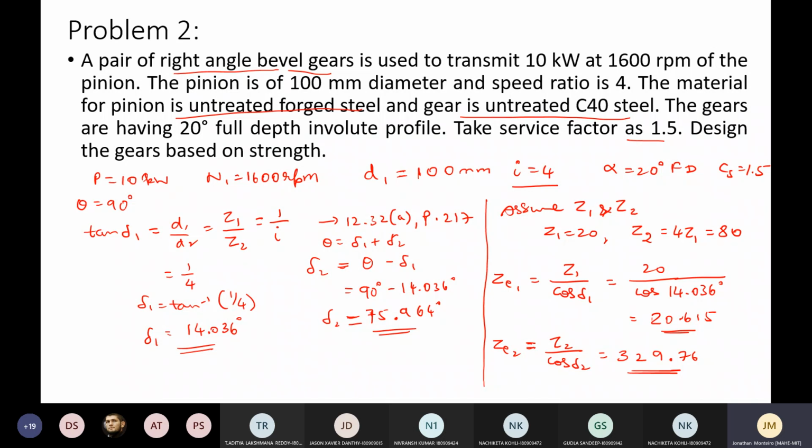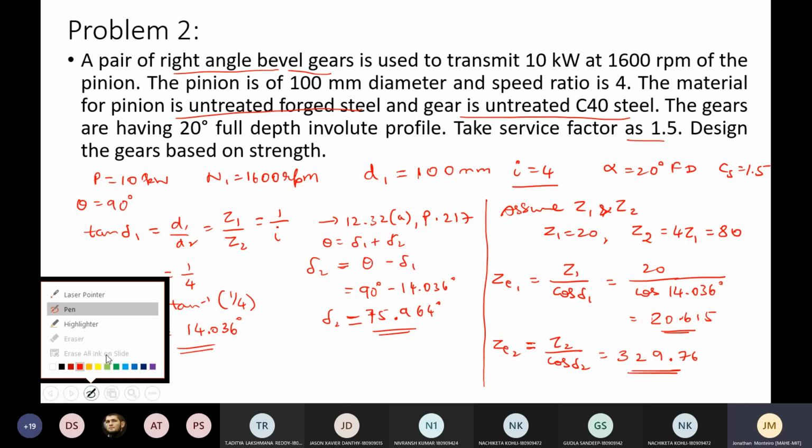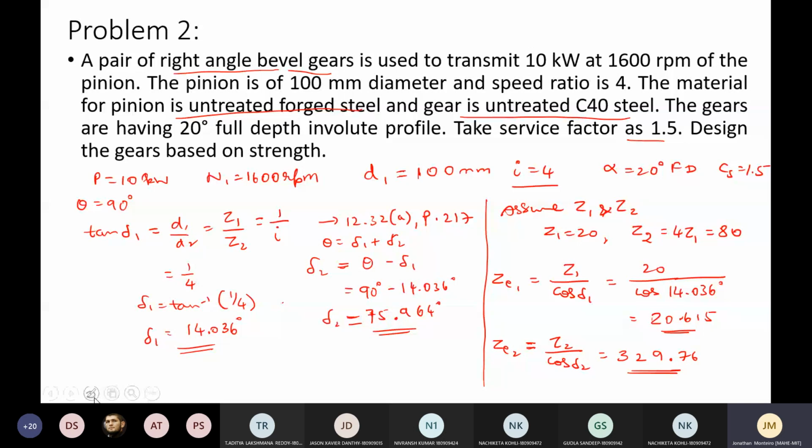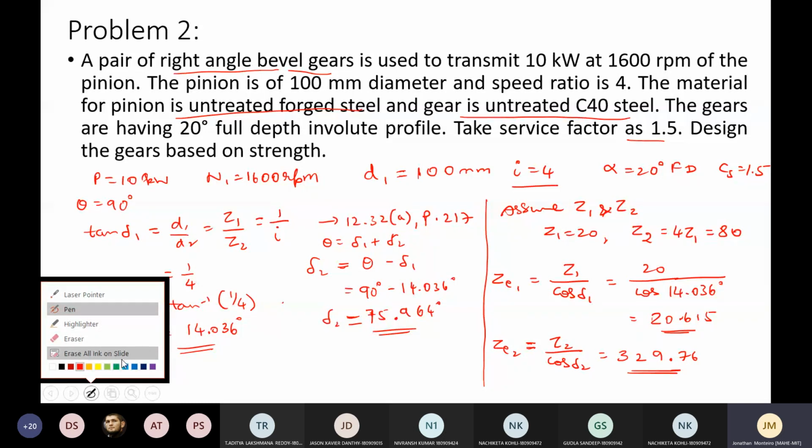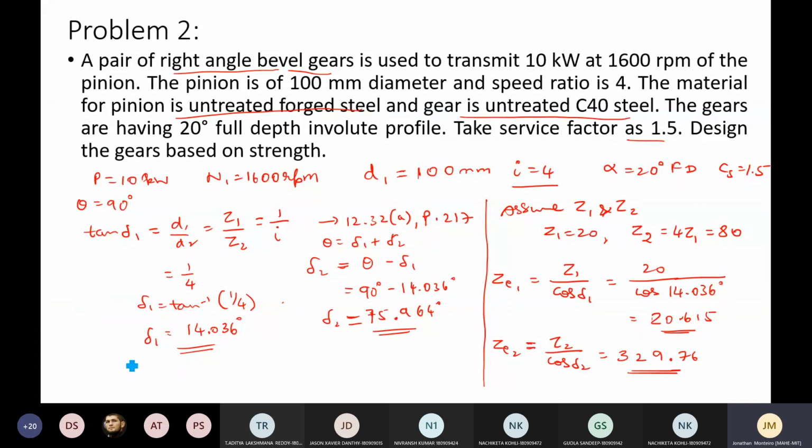Now, one of the things I would like to mention here is regarding this right angle bevel gear. What do you mean by right angle bevel gear? We have understood that if one shaft is horizontal, the other should be vertical.